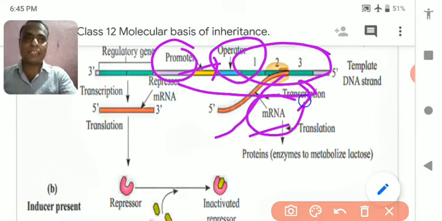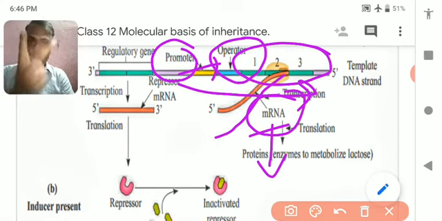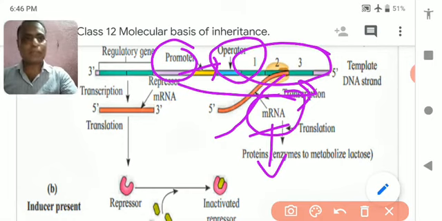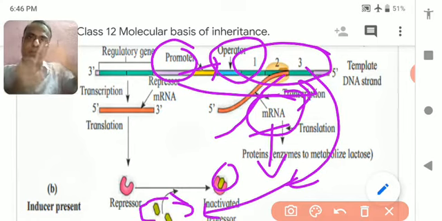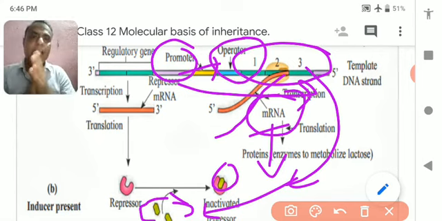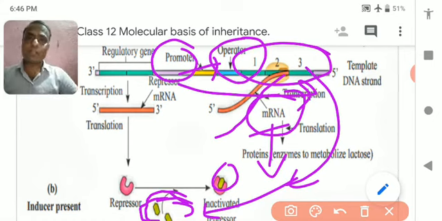On the basis of this mRNA, three different proteins are produced: beta galactosidase as number 1, permease as number 2, and third, trans-acetylase. So three different kinds of enzymes are produced, and these three enzymes help in breaking down this lactose which you are seeing over here, and they break it down and help in digestion. They continue the process as long as the molecules of inducer, that is lactose, are present.